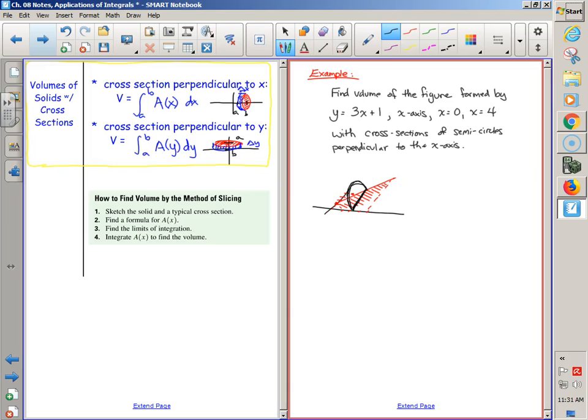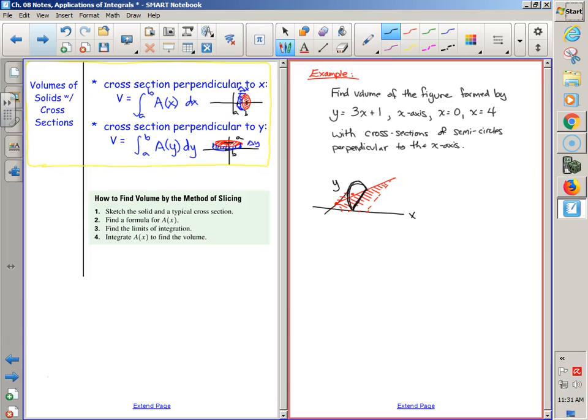The bottom is this region, 3x plus 1 on the x-axis and 0 to 4. The top is coming up into semicircles, as they told us, perpendicular to the x-axis, which is why I sliced it perpendicular to the x-axis. Sorry, I'm graphing in the third dimension, so everything's a little bit tilted.